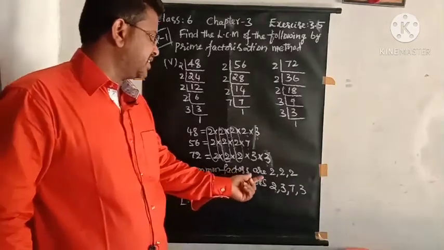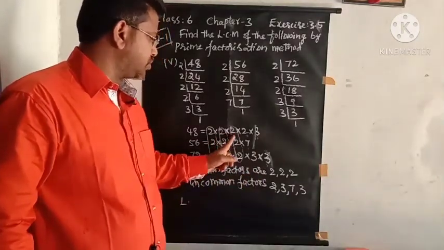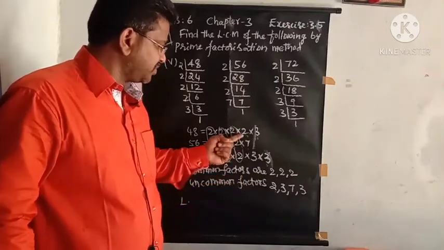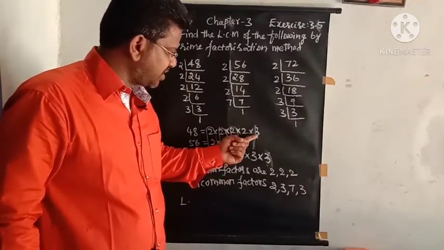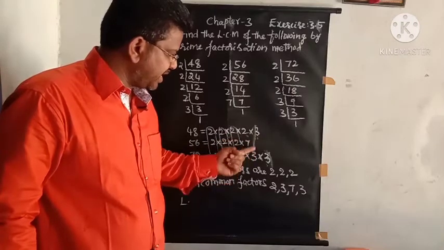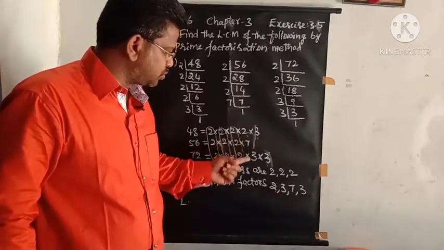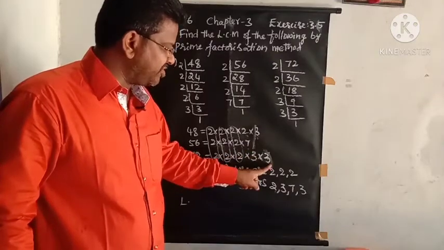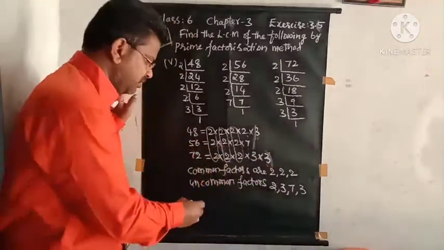So the common factors are 2, 2, 2, 3 times 2 common, and the uncommon factors are 2, 3, and since 2 is already common in two numbers we can write only once, 7, and again 3. So these are the uncommon factors.